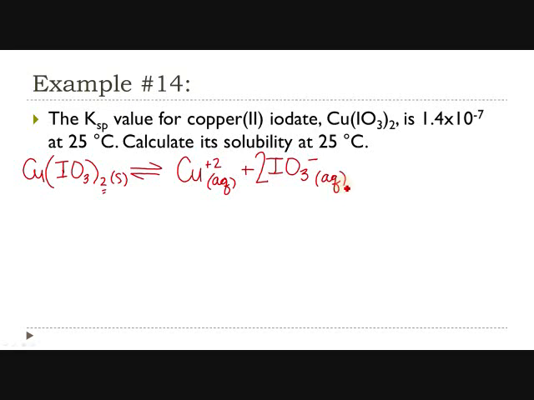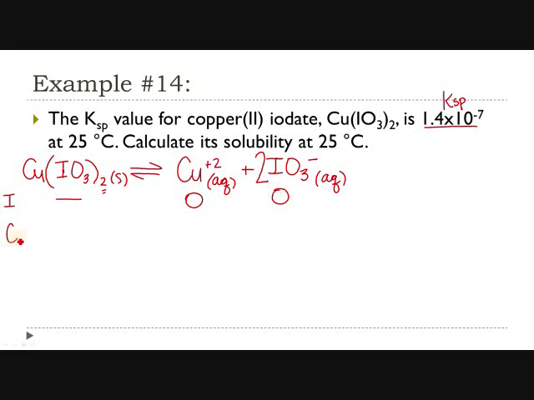Okay? Now, this time we're given that this is the KSP. So that will not get plugged into our ICE chart at all, but we can still use the ICE chart to figure out what we plug in for the concentrations at equilibrium. Well, initially, remember, we don't care about the solid, but initially we won't have anything dissolved, so both the concentrations of the ions will be 0.